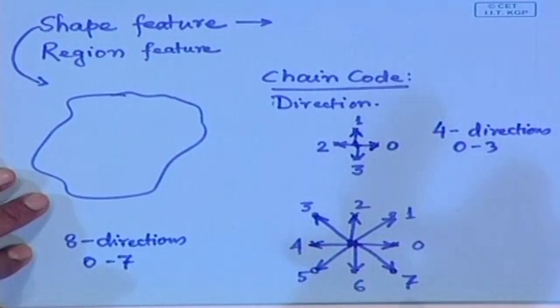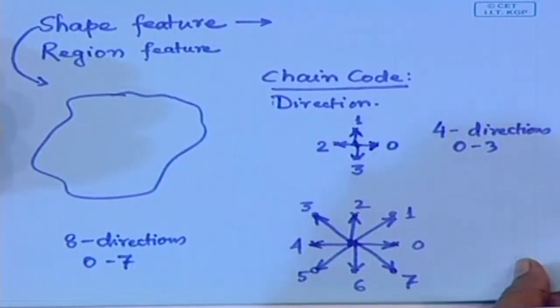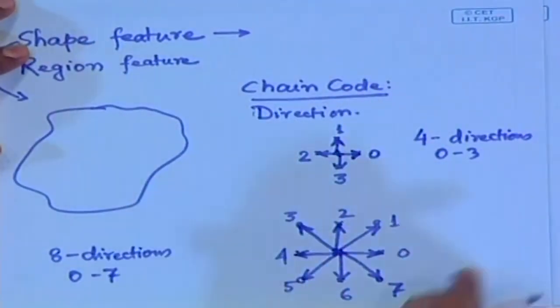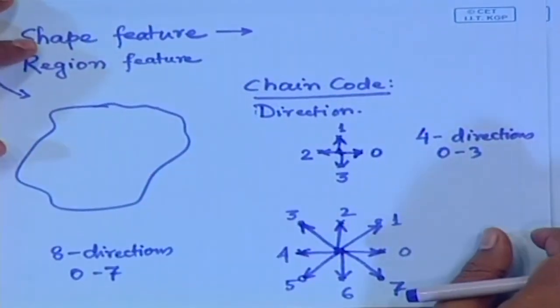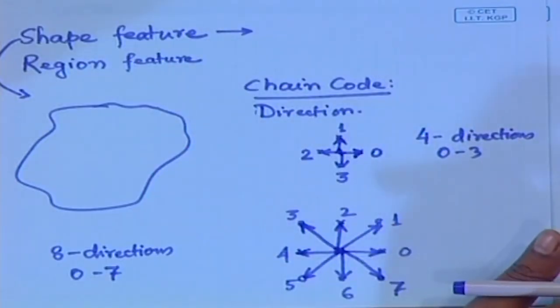So the directions are fixed. Now we have to decide about the length of the linear segment. I'll come to the length concept a bit later. Now let me see how, using these directions and assuming length to be 1, I can go for coding the boundary of a shape.